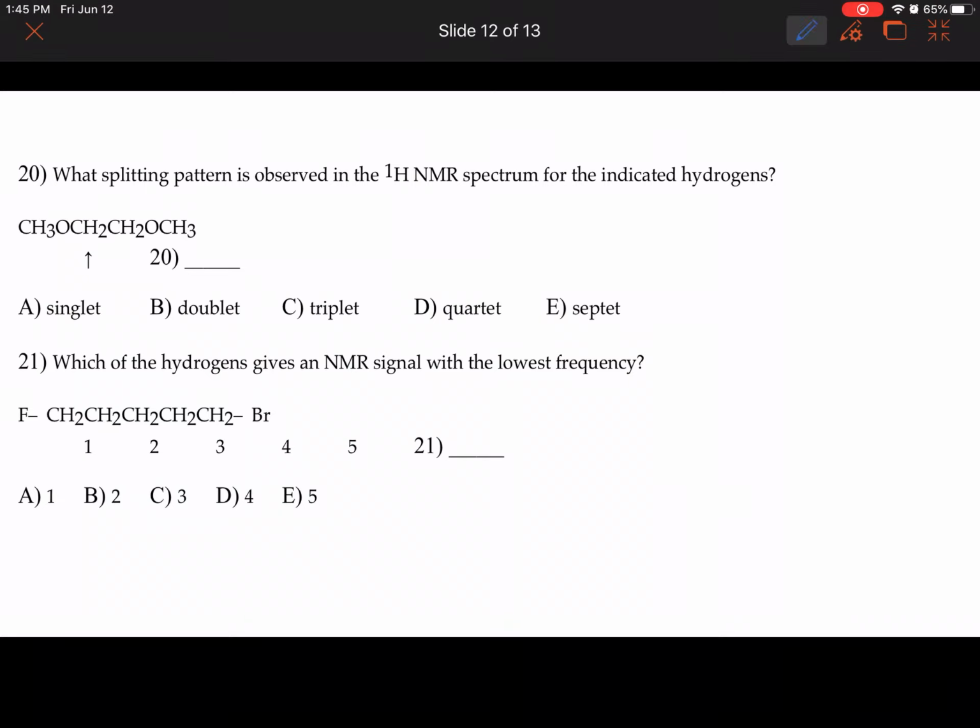And number 20. What splitting pattern is observed for the indicated hydrogens? So the indicated hydrogens, if you draw this molecule, you can draw CH3O, CH2, CH2O, CH3.